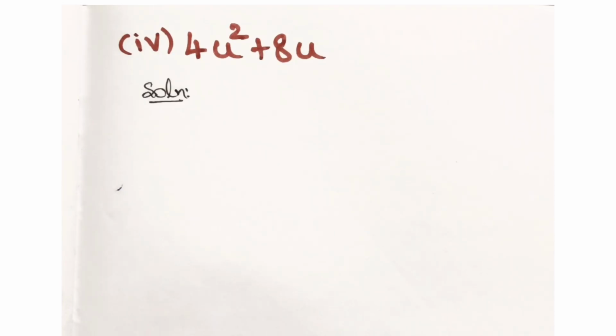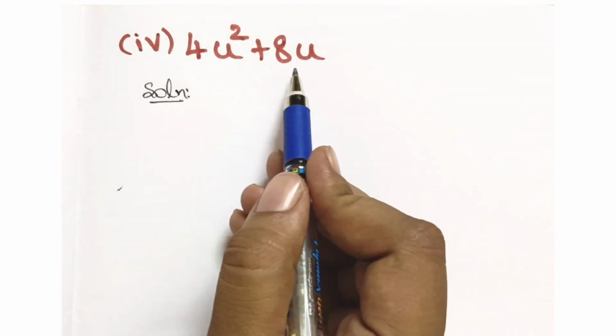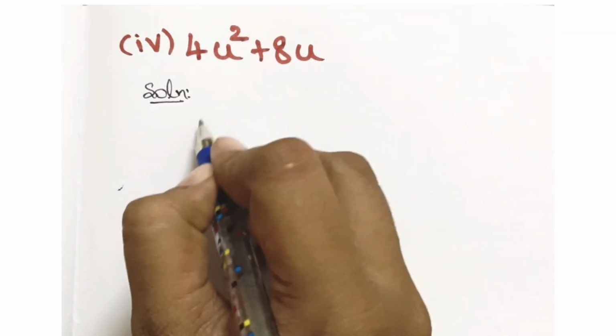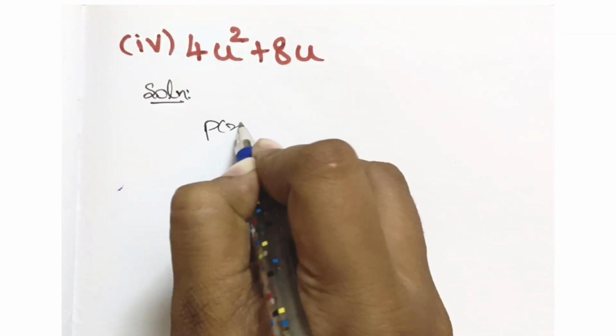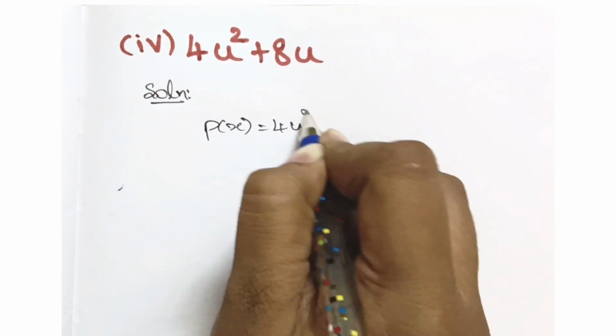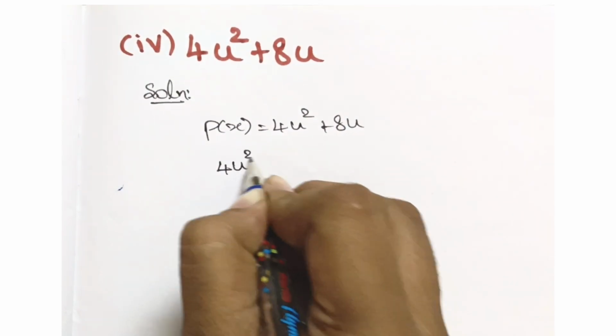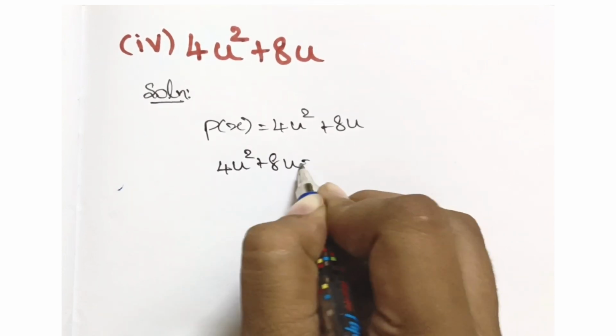That's all. And the next sum is 4u square plus 8u. Here the constant term is 0. First, p of u equal to 4u square plus 8u. So equate this polynomial to 0.